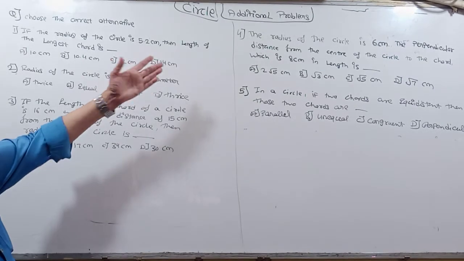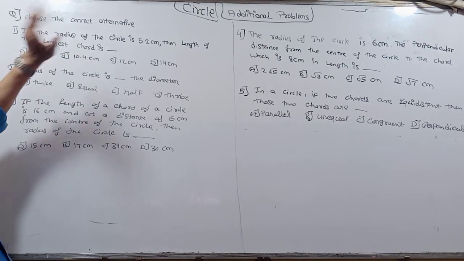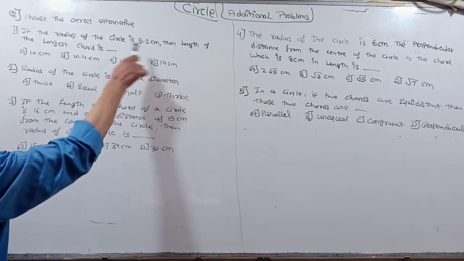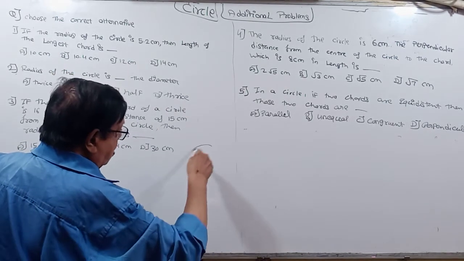These are additional problems from the chapter, based on the theorem. Choose the correct alternative. The radius of the circle is 5.2 centimeter. Then the longest chord is the diameter, because diameter is the longest chord.